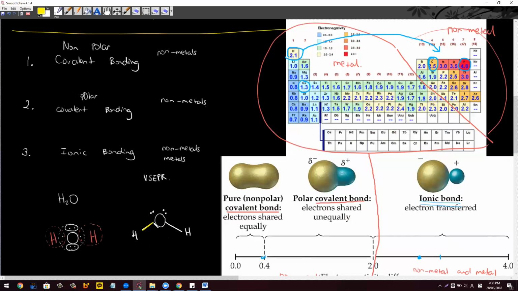What kind of bonding is this between oxygen and hydrogen? Is it the nonpolar covalent bond, or polar covalent bond, or ionic bonding? You have to look at this table, and you have to look at this table here as well. Chris, do you have any idea what type of bonding this is?